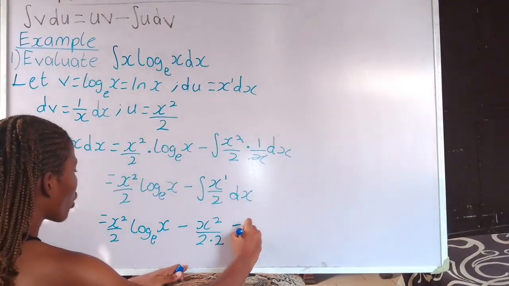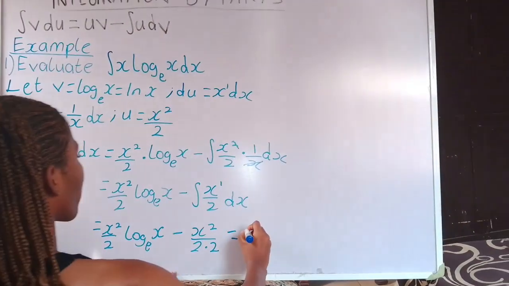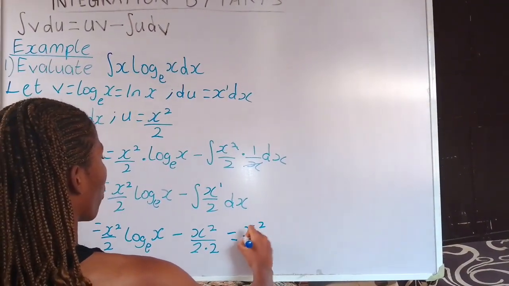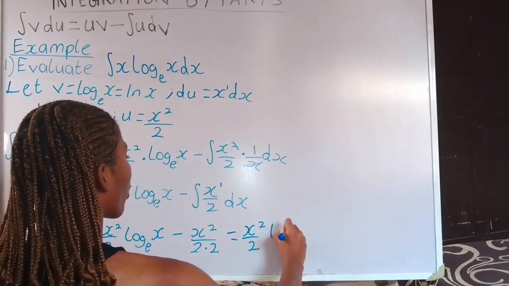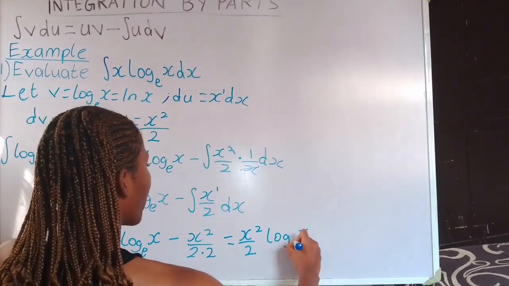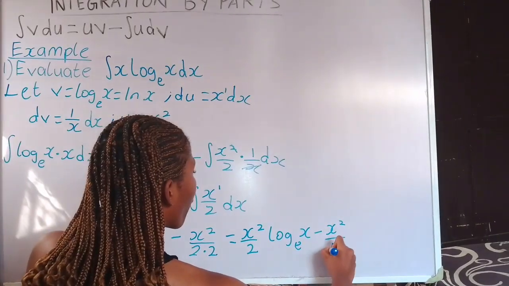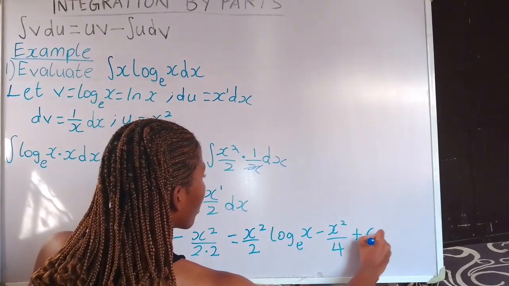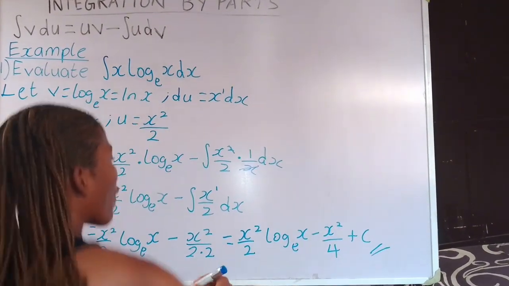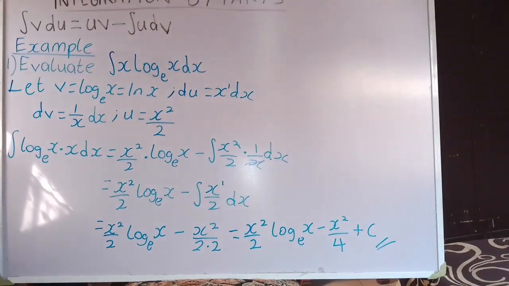So this will leave us with x squared over 2 log x to base e minus x squared over 4 plus c. So this is our final answer.